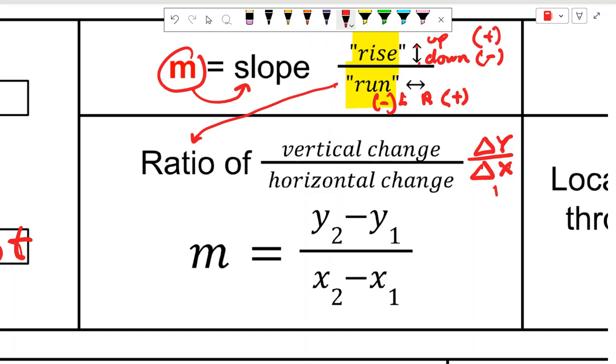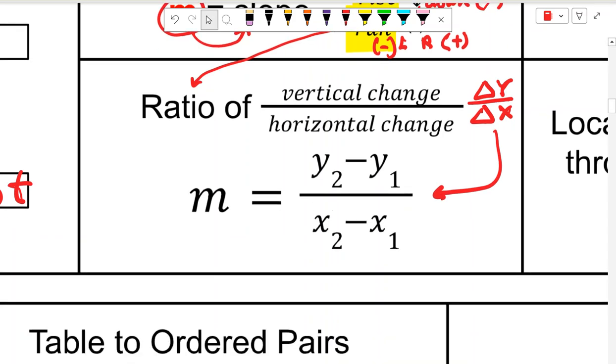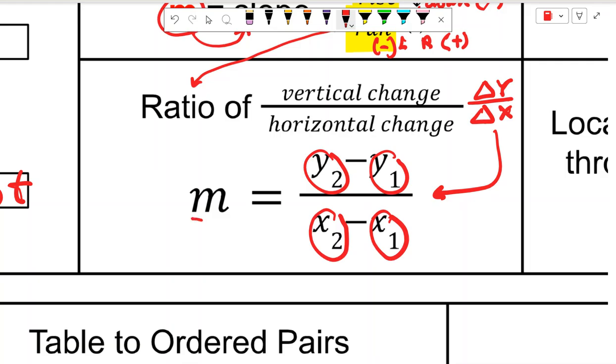And that's how you found it. You needed 2 points. You need your y from your second point minus your y from your first point, and then your x from your second point minus your x from your first point. You just subtracted those, and that's how you would find the slope.